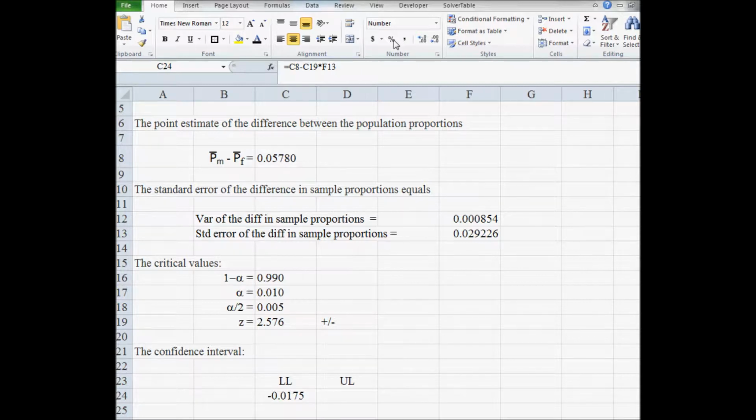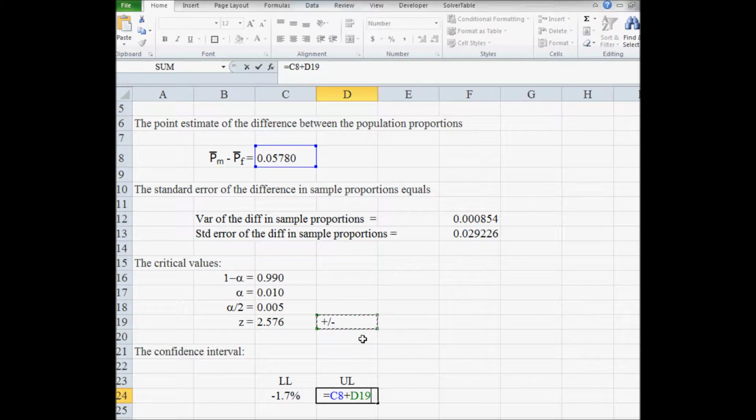So I'm going to change this to a percent and then add a decimal place. The upper limit of the confidence interval is the point estimate of the difference plus the margin of error. The margin of error is the z-value times the standard error of the difference. Again, we want to convert this to a percent and then add 1 decimal place.